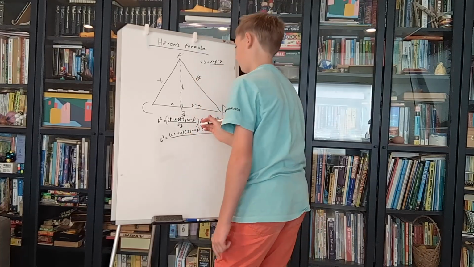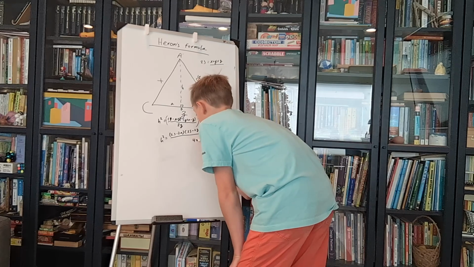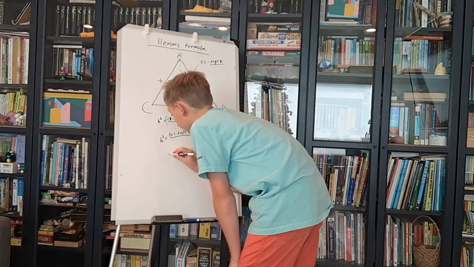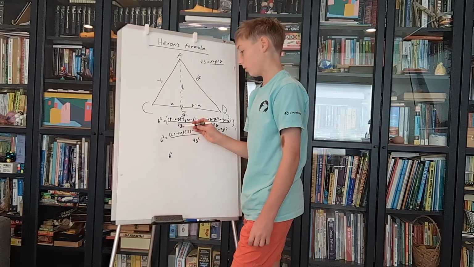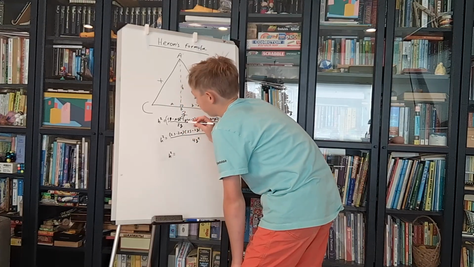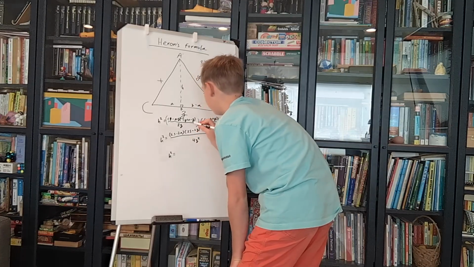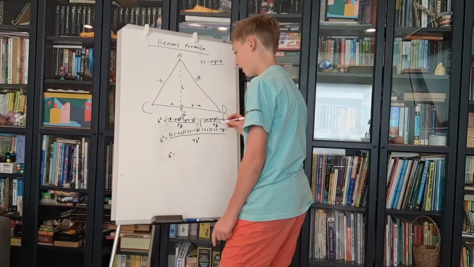And all of this is over 2z times 2z, which is 4z squared. And then next thing that we'll do is we'll take out all of the 2's. 2s minus 2x is just 2 times s minus x, and then this is just 2 times s minus z, 2 times s, and 2 times s minus y.